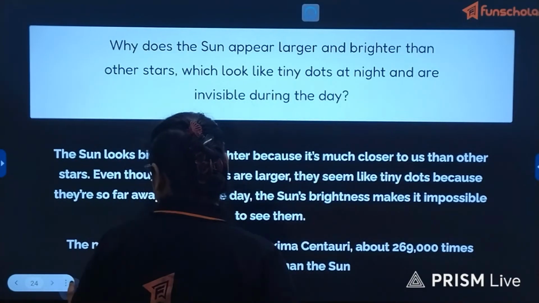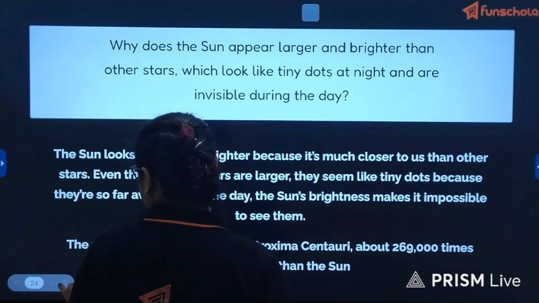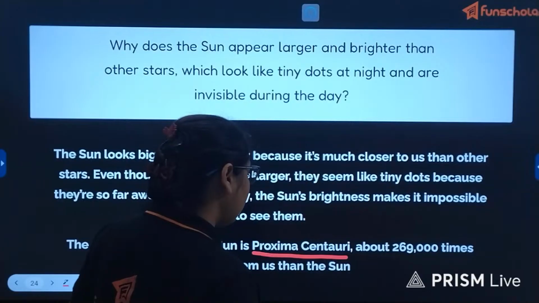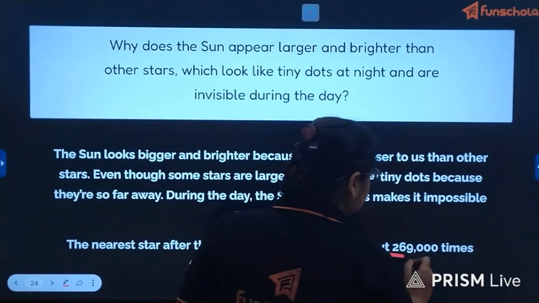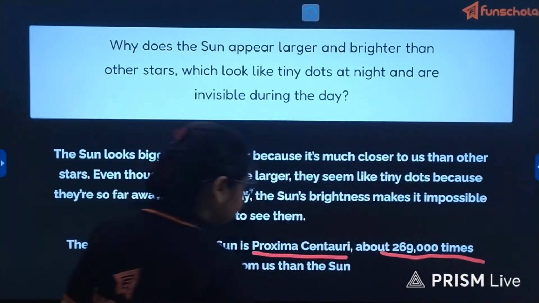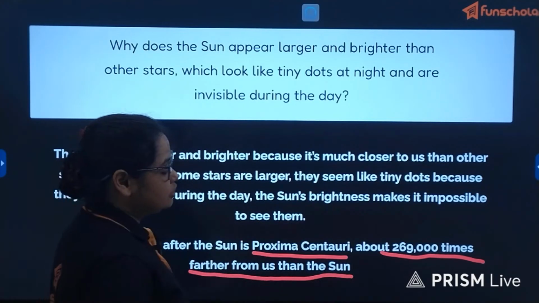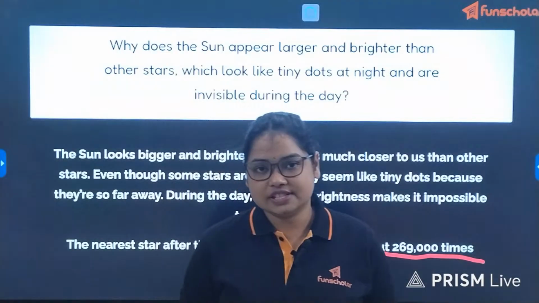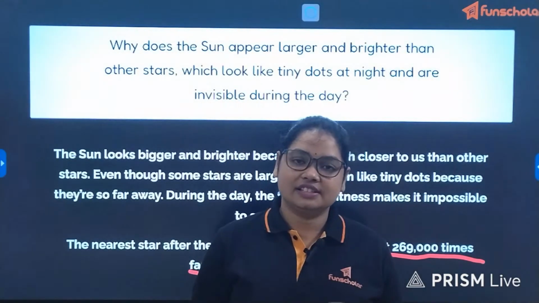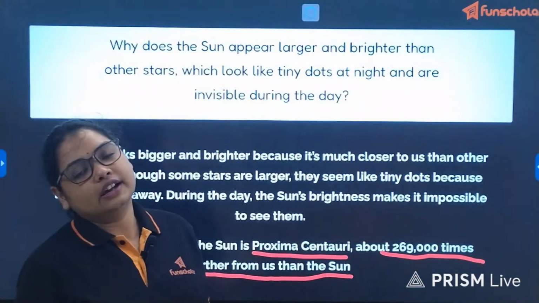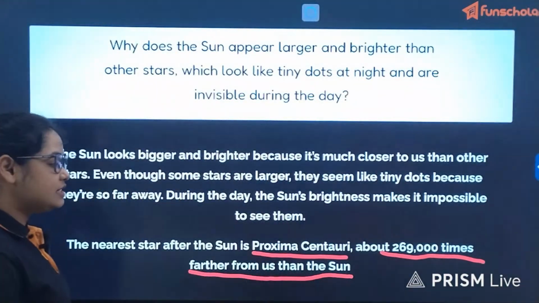This one I already mentioned earlier. And the distance is about 269,000 times farther from us than the Sun. So the closest star is the Sun, which is 150 million kilometers away, and the next one is Proxima Centauri.